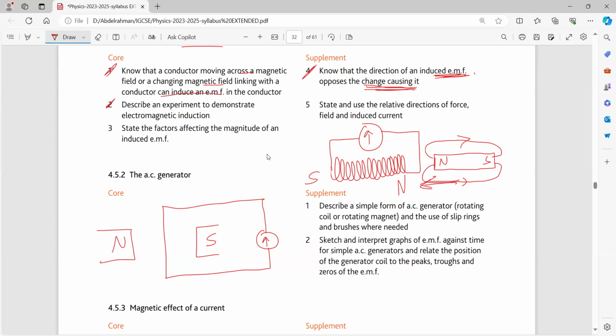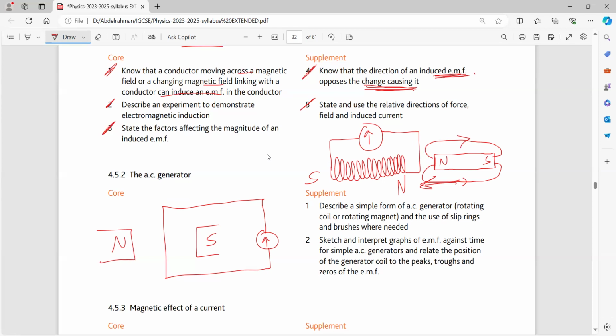State and use the relative directions of force and field and induced current. North pole and south pole. State the factors affecting the magnitude of an induced EMF. What are the factors affecting the magnitude of an induced EMF? We have three factors.